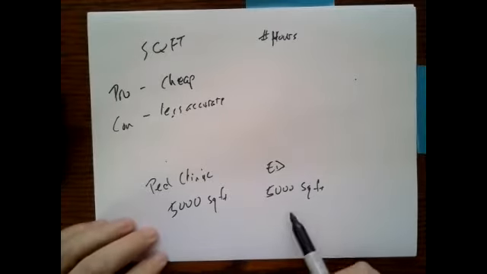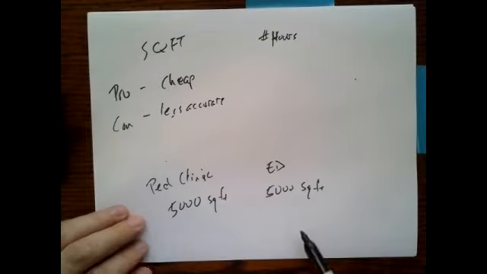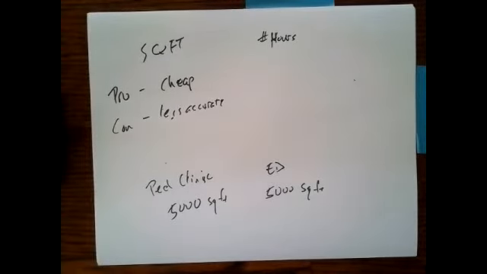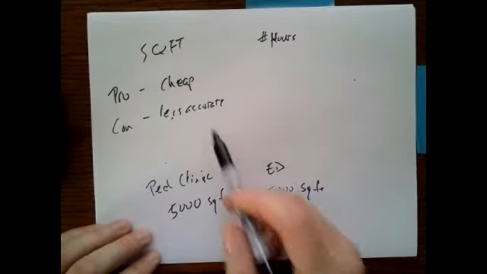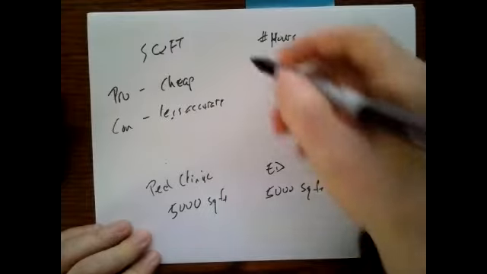Plus, the things that happen in the ED are by definition messier. You've got people bleeding, you've got people throwing up, you've got just generally more of a mess. So using square footage between pediatrics and ED would be less accurate, but it would be cheaper.